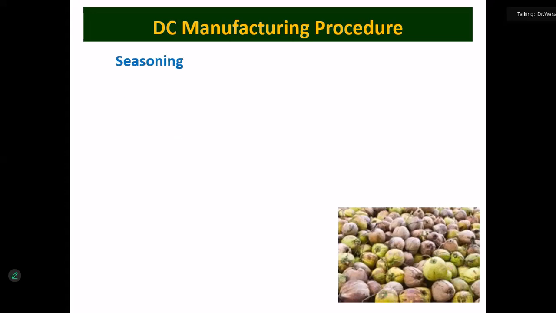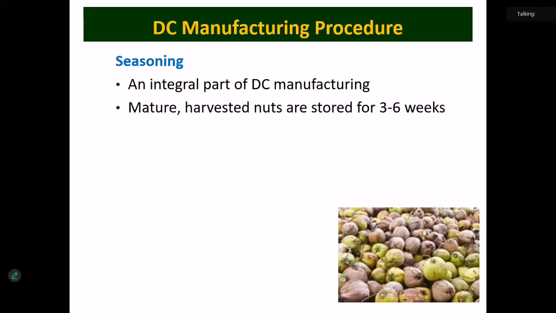Number 1, seasoning. The first step of DC is seasoning. What is seasoning? What do we really do?